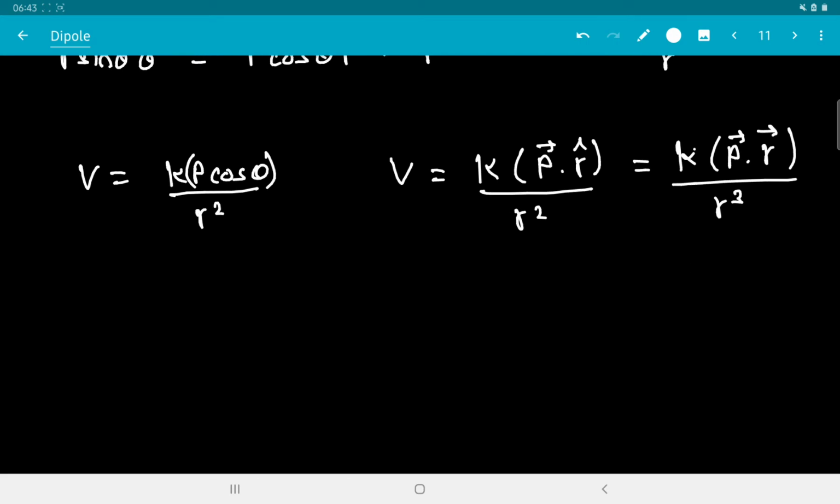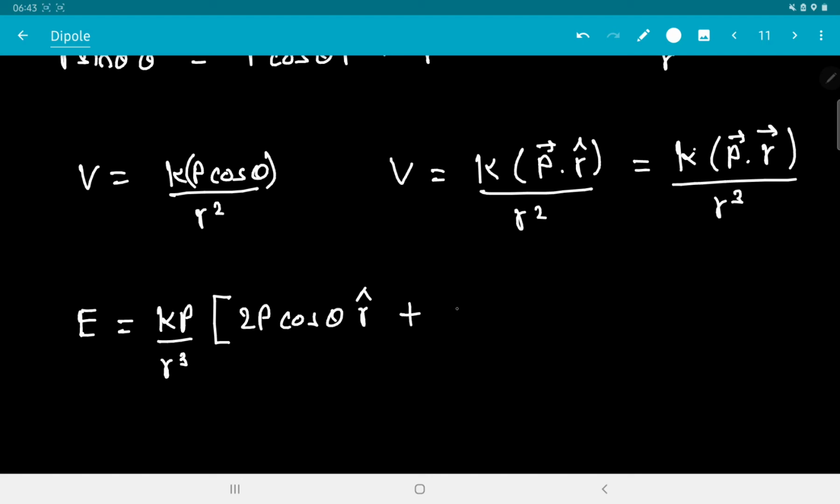Same way we can convert the electric field, which is kp by r cube. We have 2p cos theta r cap plus, with 2 cos theta, we multiply p inside, so we get 2p cos theta and p sin theta theta cap.